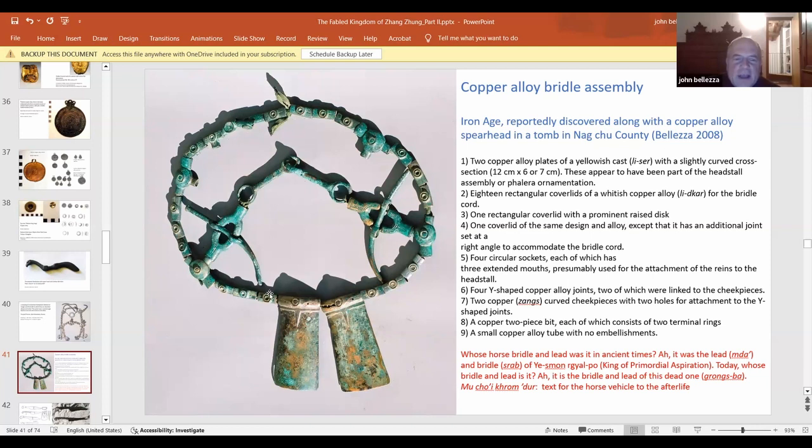Very complex item with these ornamental plates of unknown function. This is also believed to have been found in a tomb in Nagchu, according to the reports. So we see here more evidence for a highly developed cultural system in the Iron Age, long before the rise of Buddhism in the 7th century.